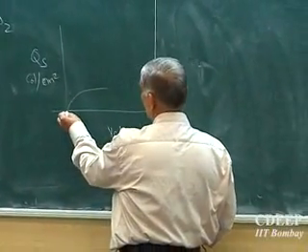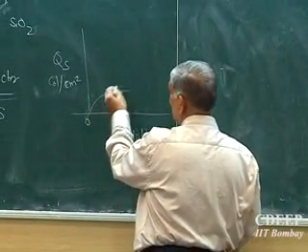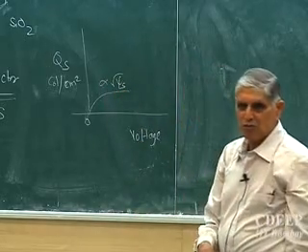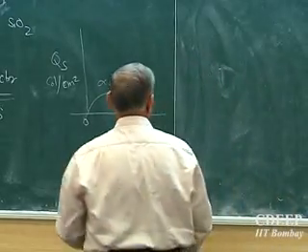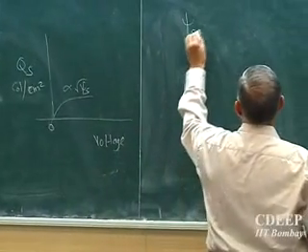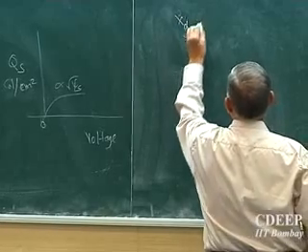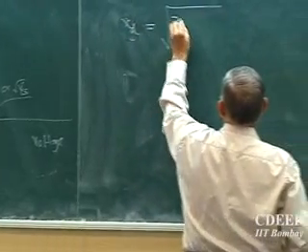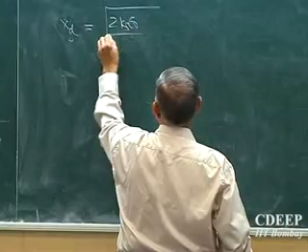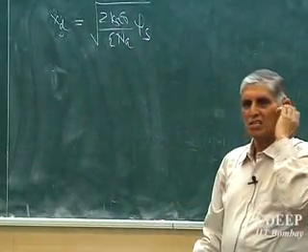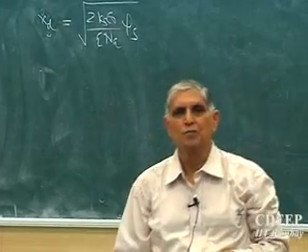So initially as I apply VGS, QS starts rising and it is proportional to the surface potential, and we said the depletion layer XD essentially is the square root of 2 Ks epsilon naught over qN times psi s. And what is psi s?